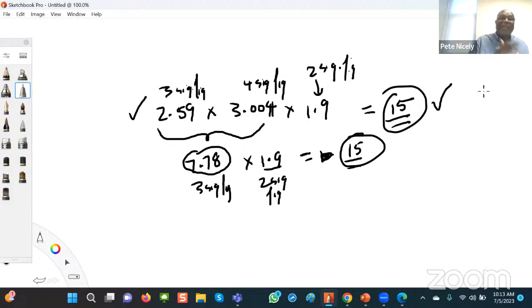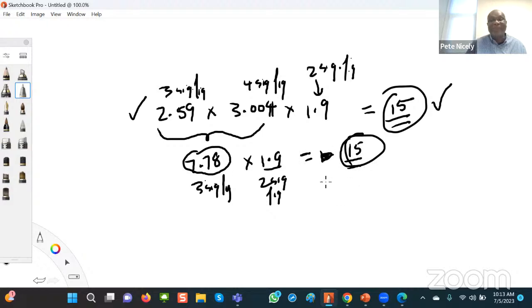You're simply multiplying 2.59 by 3.004 by 1.9, right? So therefore you can round off after doing all that computation, all right? So in those cases where you do the multiplication here first and then round off and then you do the other one, you might get a different number, right?